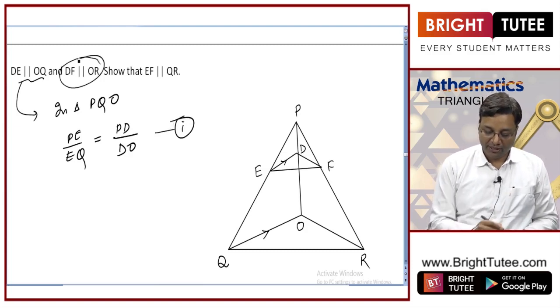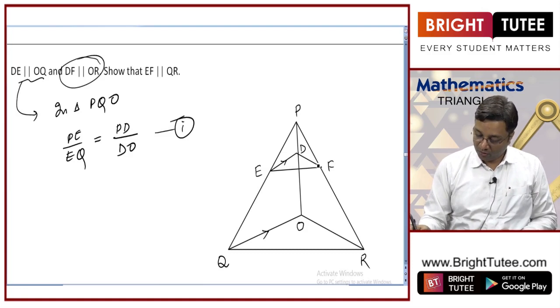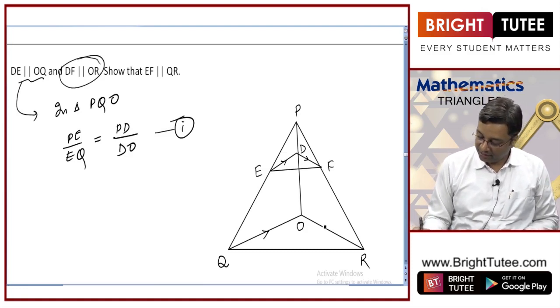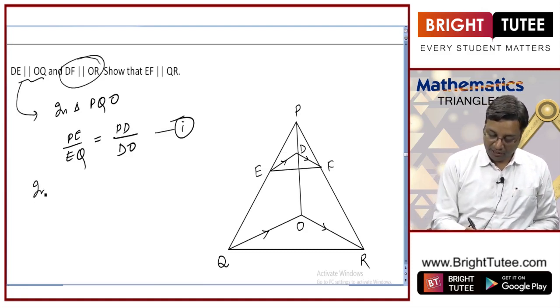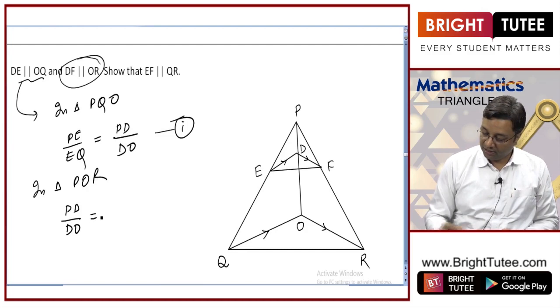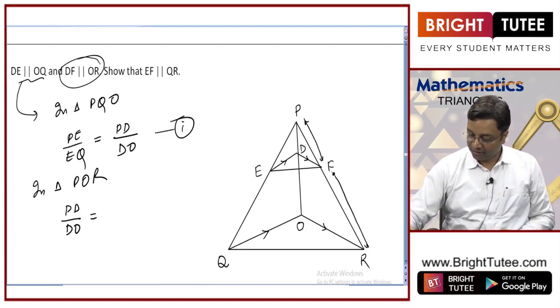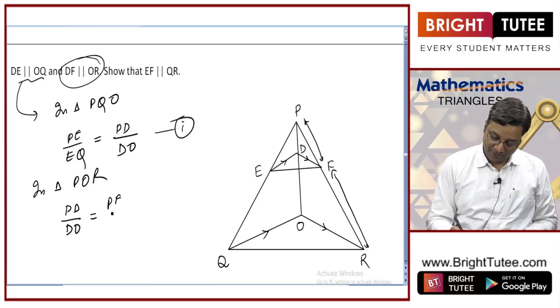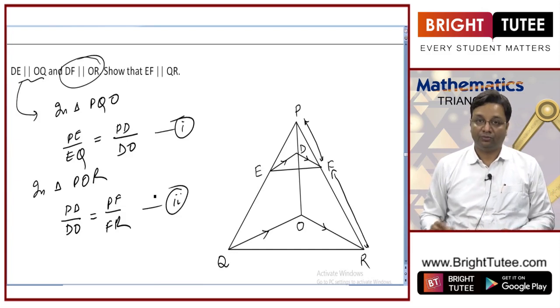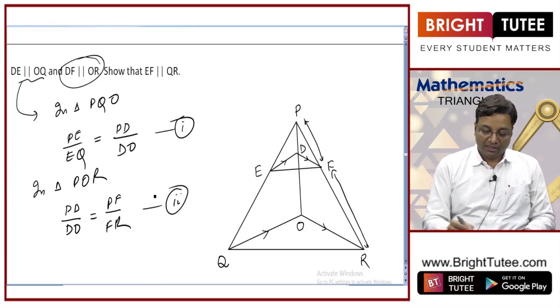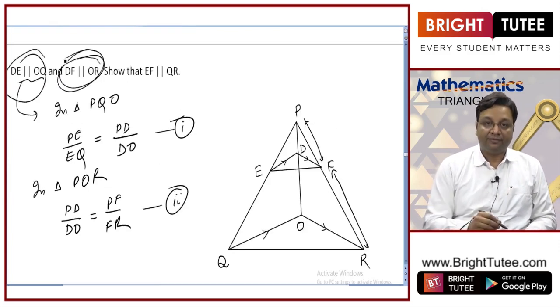So using this, DF is parallel to OR. So this is DF and it is parallel to OR. So in triangle POR, what I can say, PD by DO is equal to PF by FR. Let it be my result number 2. So these two results I have got from these two pieces of information.